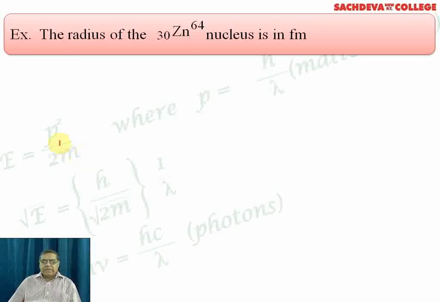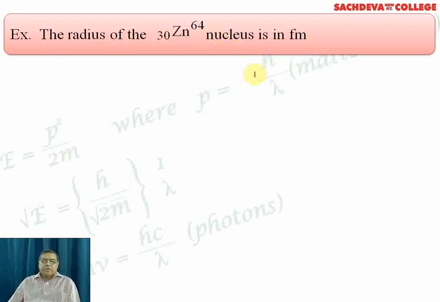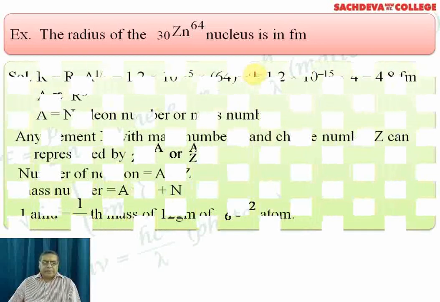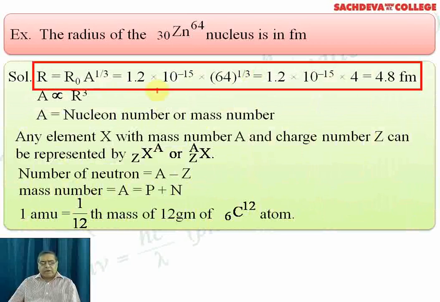So next is the radius of the 30 Zn64 nucleus in Fermi. So now we will find the radius by the formula R naught A to the power 1 by 3. Whatever radius we find in meters, we divide it by 10 to the power minus 15, and the answer will come in Fermi. So the formula applied is again the same, R naught A to the power 1 by 3, and R naught is the nuclear constant, which is taken as 1.2 Fermi.